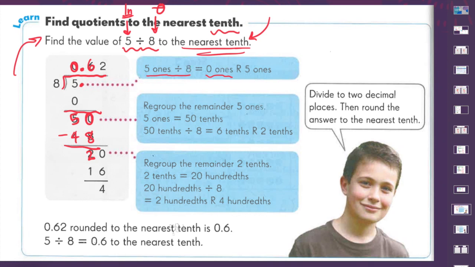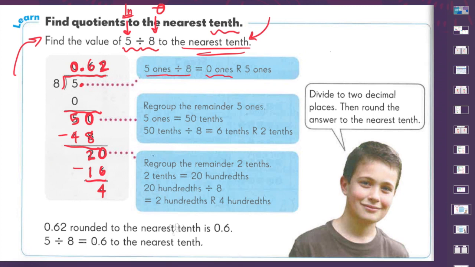So we need to regroup those 2 tenths into hundredths, and so 2 tenths is 20 hundredths, and 20 hundredths divided into 8 equal groups would give us 2 in each group, which 2 times 8 is 16, so we have a remainder of 4 hundredths.